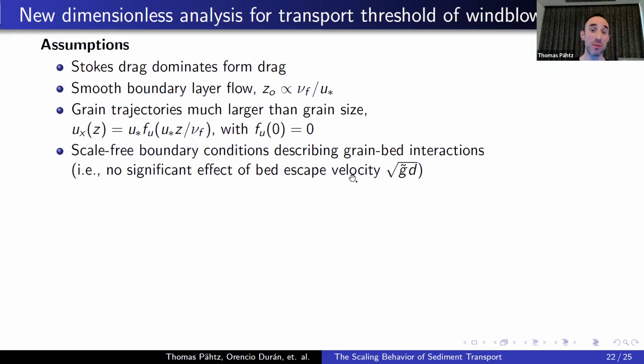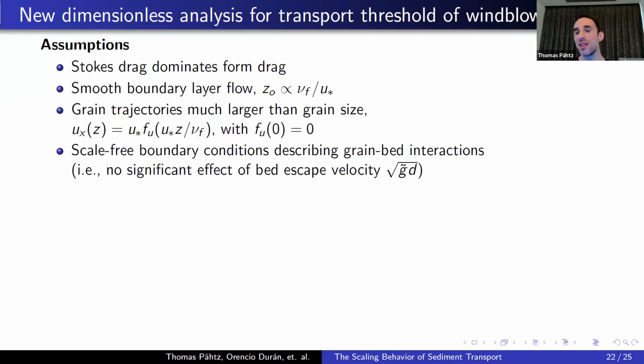So here are the assumptions. In windblown sand, we assume that Stokes drag forces are typically much stronger than form drag. Why do we assume that? First of all, in many of the planetary conditions where windblown sand occurs, there is relatively high kinematic viscosity. That's because the fluid density is often quite low.